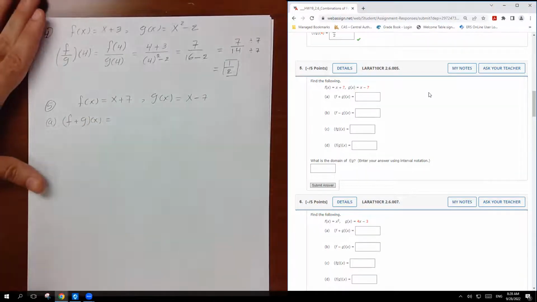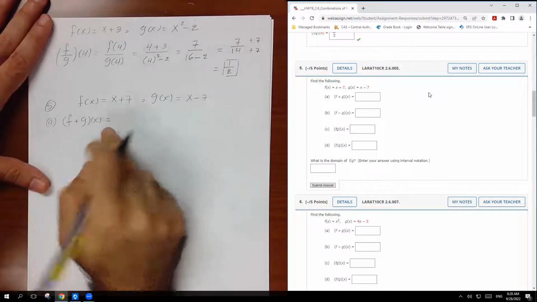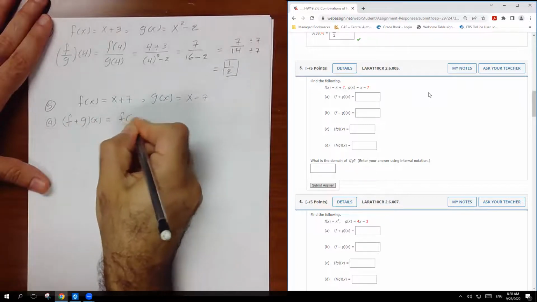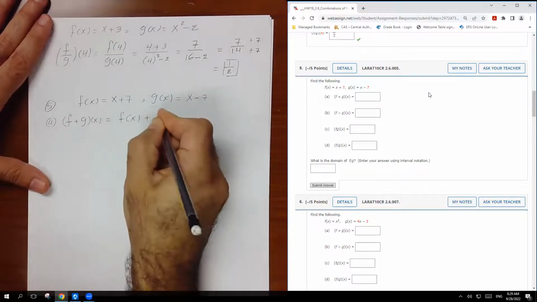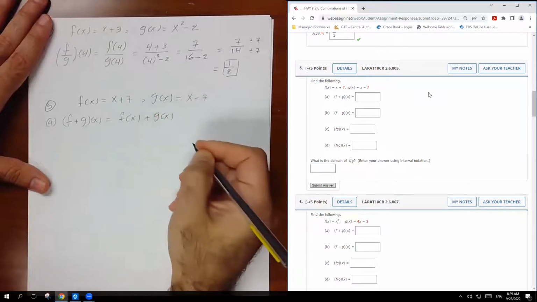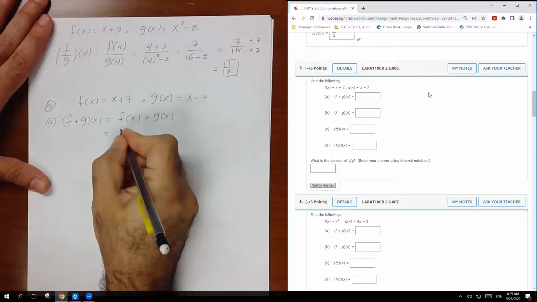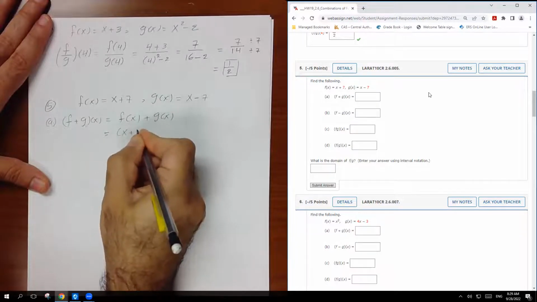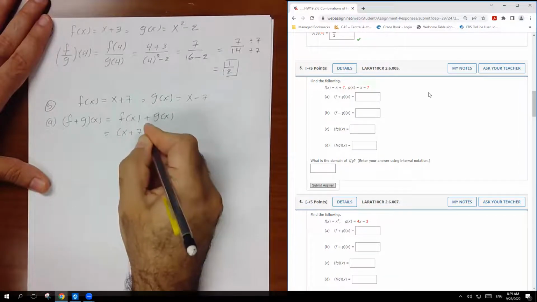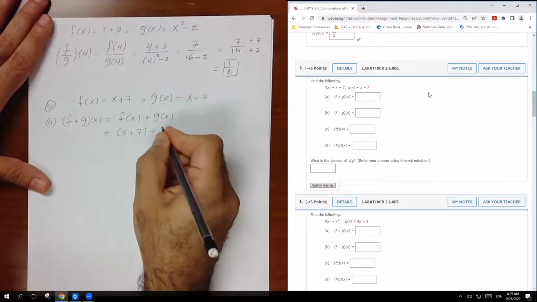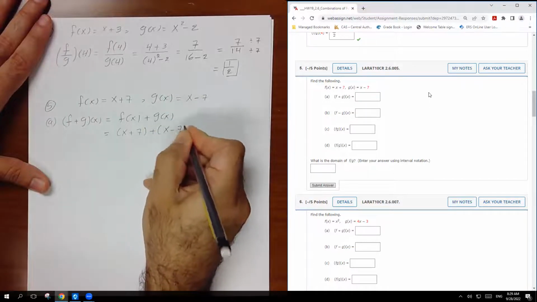I'm just going to use the rule. The rule says (f plus g)(x) is going to be f(x) plus g(x). I'm going to plug in f of x, which is x plus 7, plus g of x, which is x minus 7.